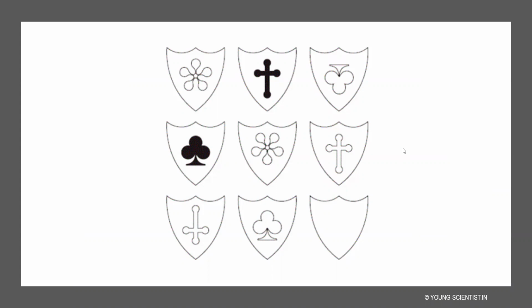Now, when you look at this, you can immediately recognize that the missing shape should have black color, because each row has one shape which is black. And each row has one of the three different shapes. Yeah, therefore it has to be black and a flower.